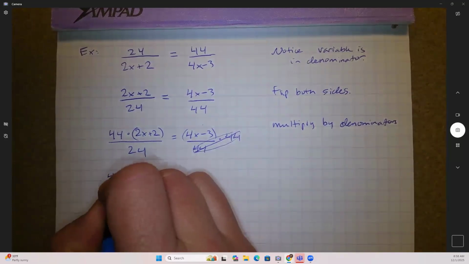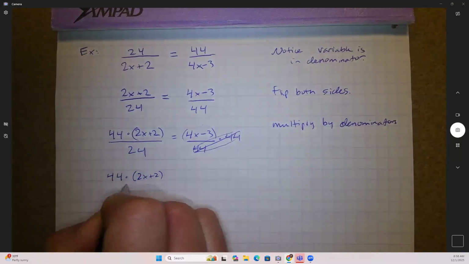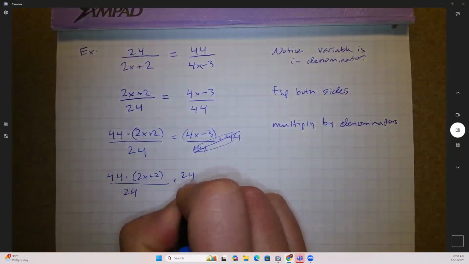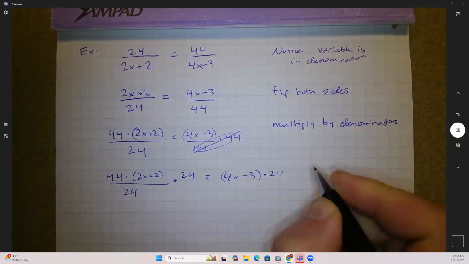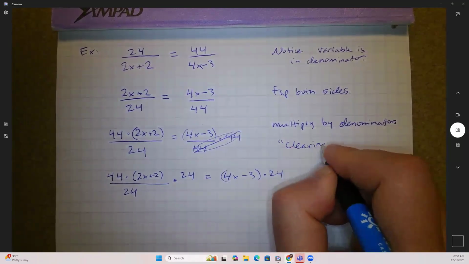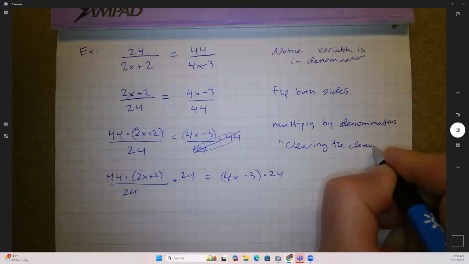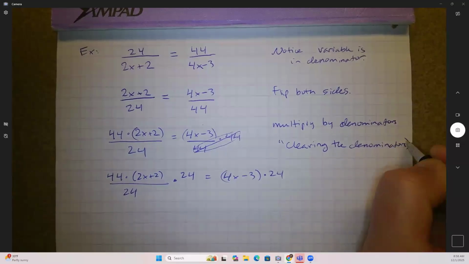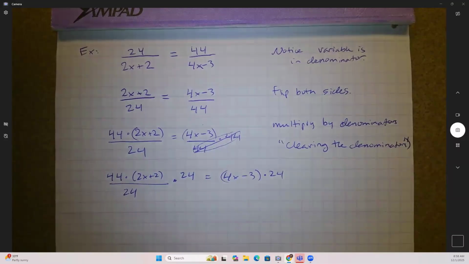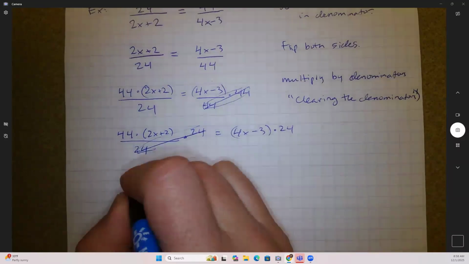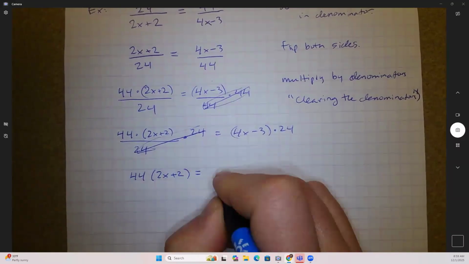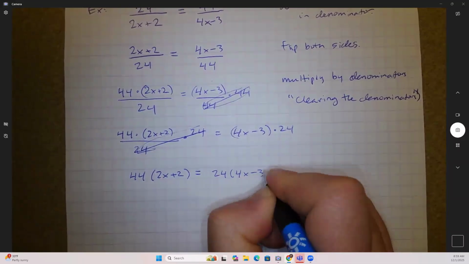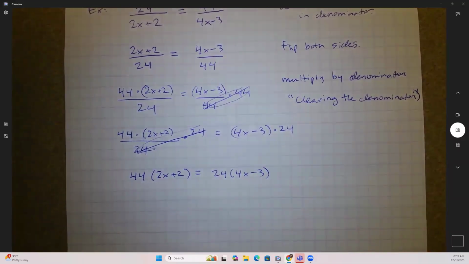And before I do anything else, I'm also going to multiply both sides by 24. This is called clearing the denominators. Because that's going to cancel out the 24. And what I'm left with is now, it's a complicated equation, but at least there's no more division. Because division tends to be more complicated than multiplication.